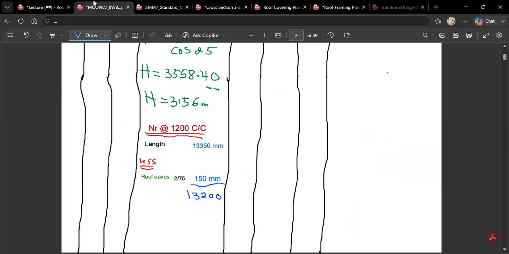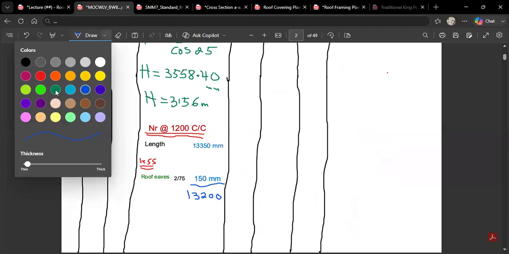So we are going to divide by that center to center. In division, what do we say we do? We are just going to apply one of the rules we learned initially. And that is we are going to write 1 over 1,200, which is going to multiply the 13,200.